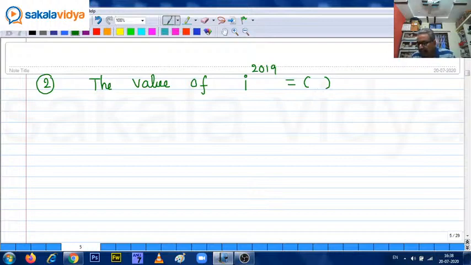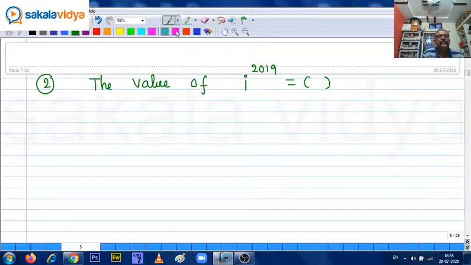I to the power of 2019. What shall we do? Divide 2019 by 4, take the remainder. So the remainder is equivalent to this power.